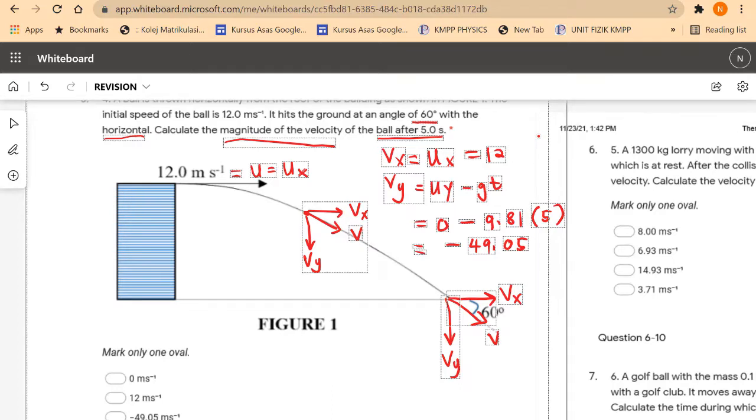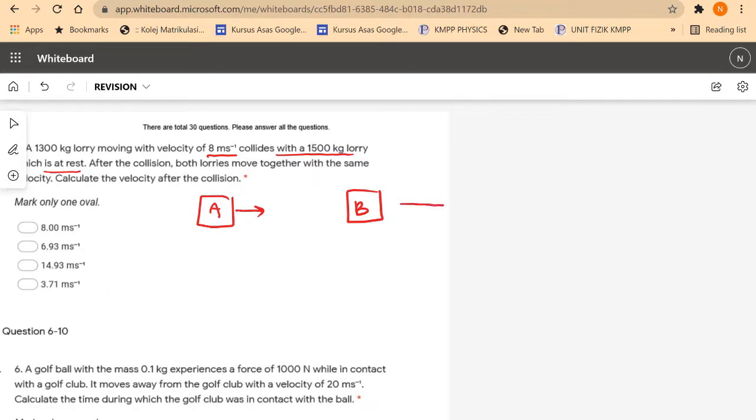After the collision they stick together and move with the same final velocity. So this is initial and this one is the final.